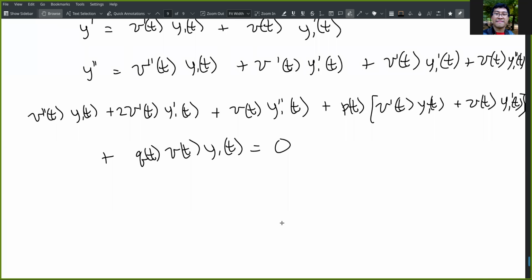Okay, now we will group terms containing the same v and derivative. So v double prime, for example. For v double prime, we only have y1 t. Plus, for v prime, you have this 2 y1 prime plus, what else has v prime? This one, p t y1 t.